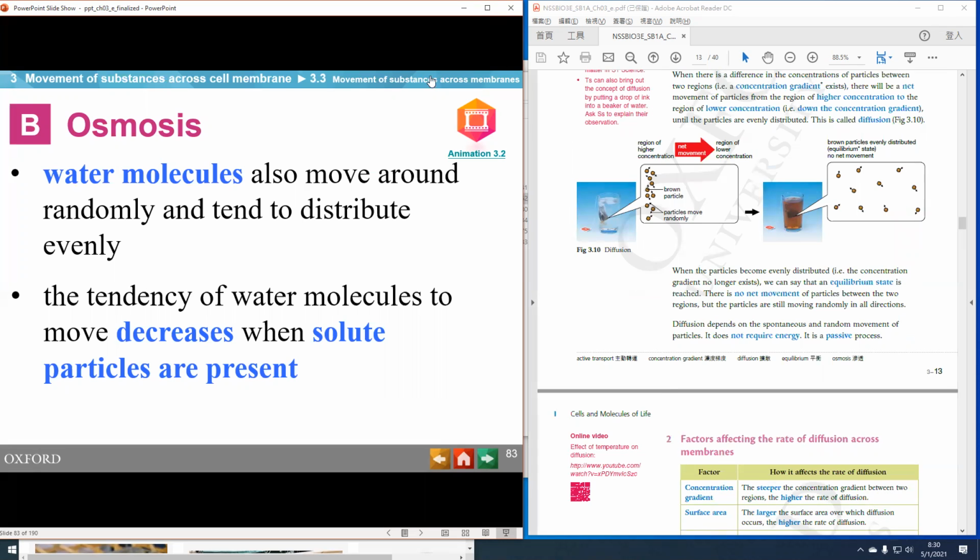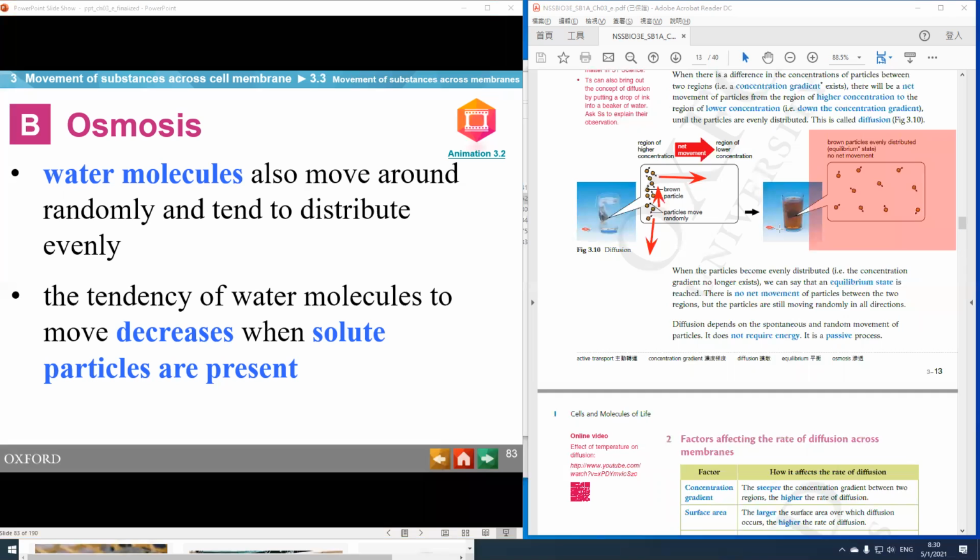Particles tend to move around until it looks like this, right? This is what we mean by diffusion.